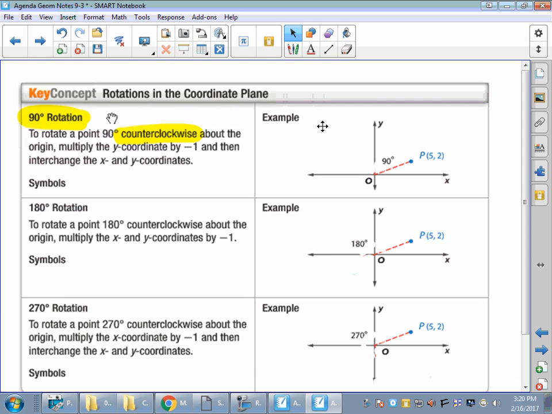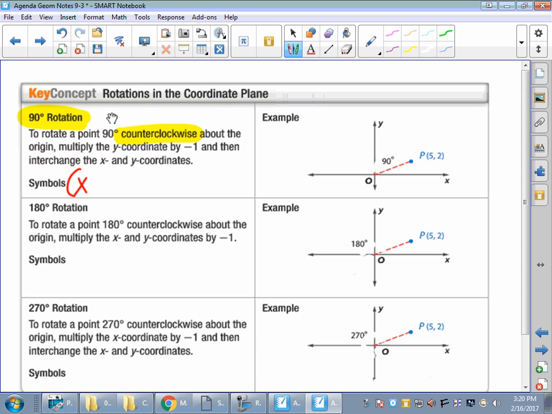So if you notice on the example on the side, I've got point P is at 5,2, and I want to rotate that 90 degrees. Well, in order on a coordinate plane to get an exact 90 degrees, you really need to use the rules and put it on the coordinate plane, not put it on the coordinate plane and find the ordered pair. So here's what the rule is for a 90-degree rotation.